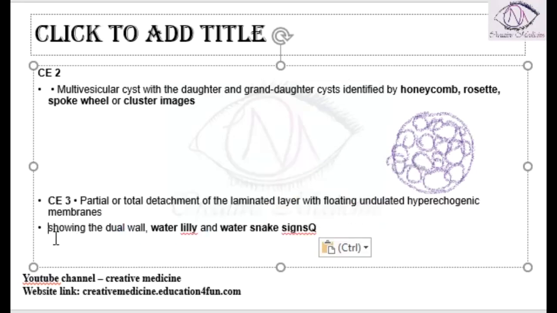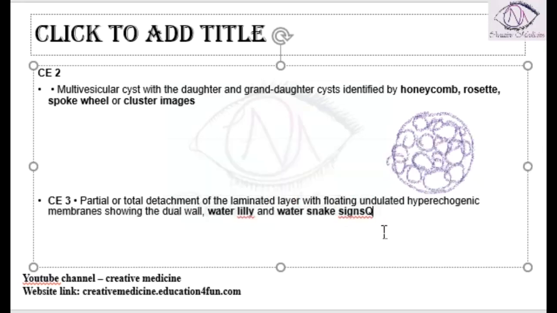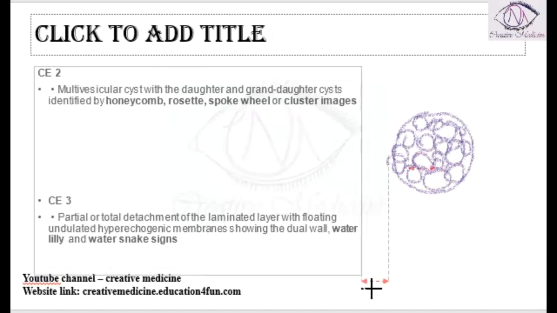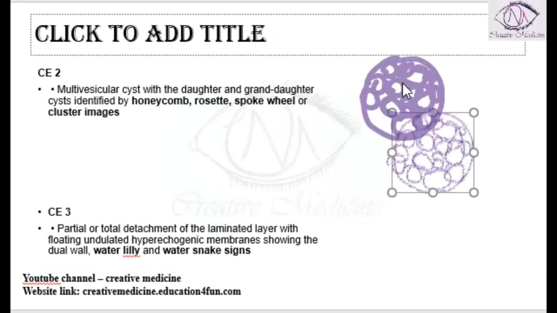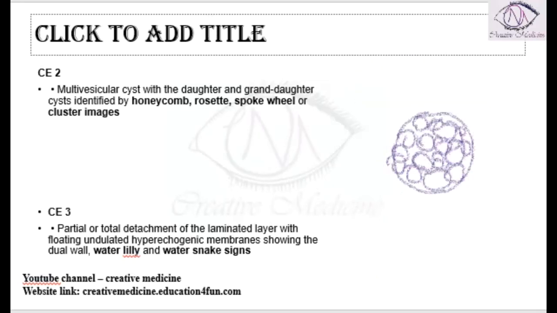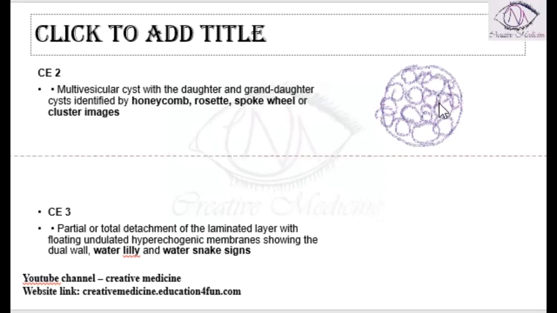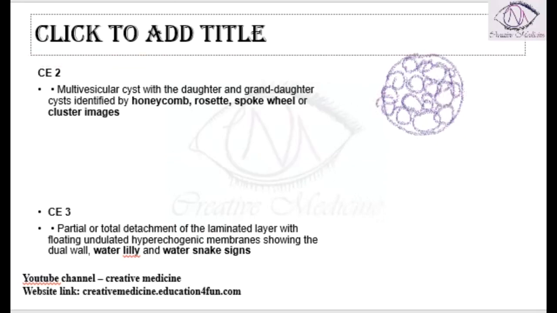Then we have CE3. In CE3, there is partial or total detachment of the laminated layer, with a floating undulated hyperechogenic membrane showing a dual wall.